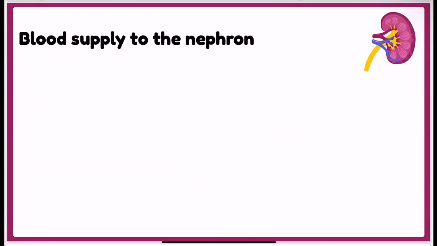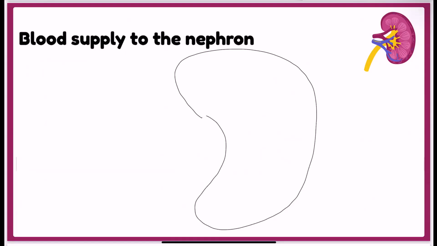Supplying all of that blood to the nephron is really important so that we have enough blood flow to make sure that filtrate is produced, right? And so if I were to draw a kidney, here's my kidney that I'll draw. Very simple here.